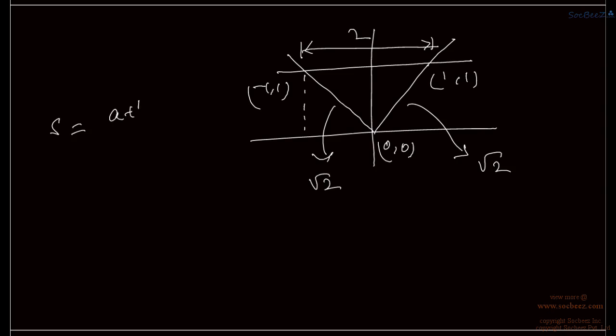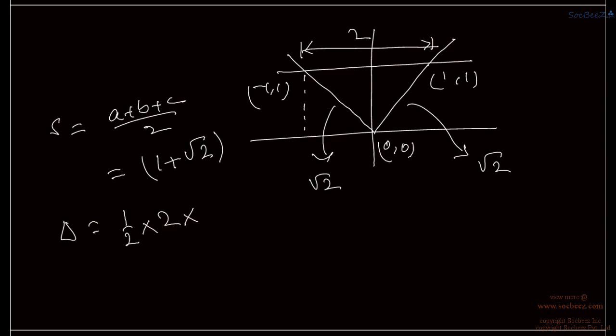So the semi-perimeter is a plus b plus c upon 2, which is root 2 plus root 2 plus 2 upon 2, which is 1 plus root 2. And the area of the triangle delta is half into base, which is 2, into its altitude, which is 1 unit. So the area delta is 1.